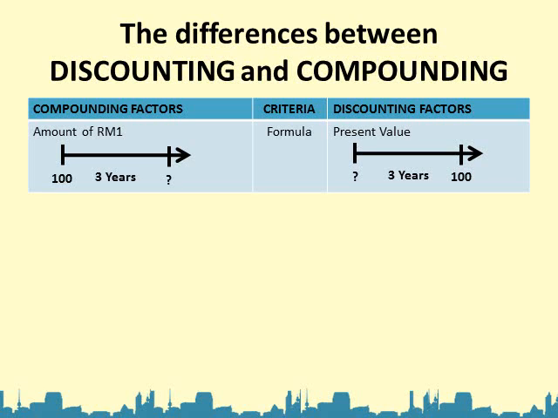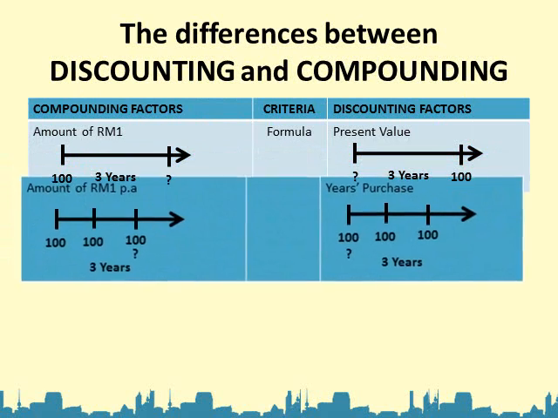For present value it is opposite, whereby the investors already expect to get some amount of return from the investment, and they want to calculate how much money should be invested today in order to get the expected amount. So of course it is a discounting factor, whereby the amount that should be invested should be lower than what they expected.